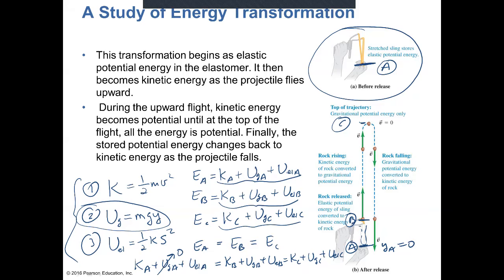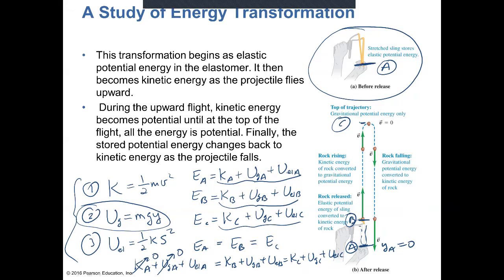There's no gravitational potential energy at the reference point because Y equals 0 and the gravitational potential energy depends on that vertical position Y. Well, at point A, I'm still holding it. Remember, you stretch it and you're holding it, which means there's also no kinetic energy.